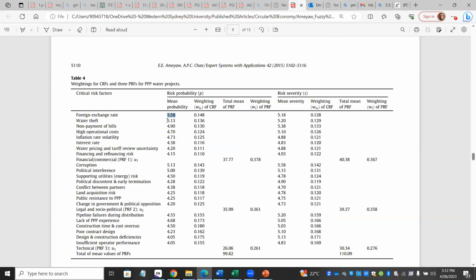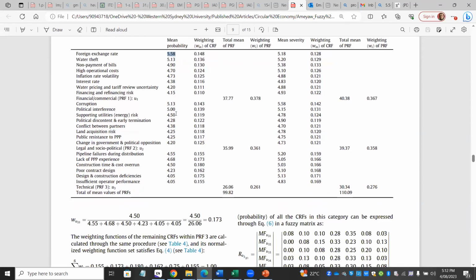Then you do the same thing for the second factor, which is water theft: 5.13 divided by 37.77, 4.9 divided by 37.77, 4.7 divided by 37.77. You do it for each and every one of them. So is that okay? Great. You do that for group 1.